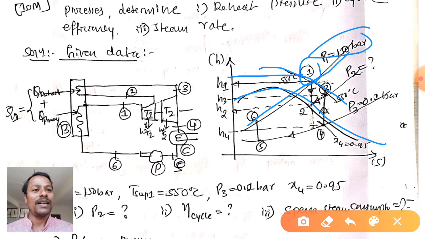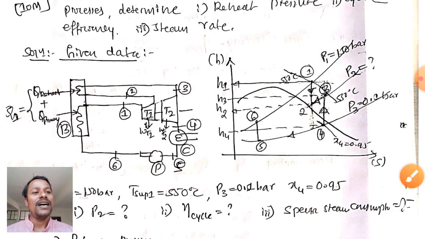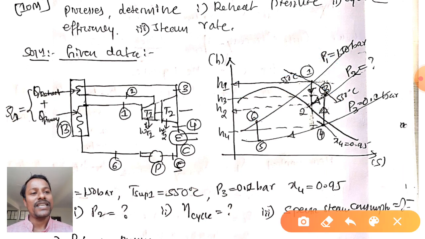So on the y axis I can read H1, that is the enthalpy value. Once I have marked state 1, I draw a vertical downward line, but I don't know where to stop this line, because he has not given the reheat pressure line. So I will stop at this point, and after that I will check the given data.